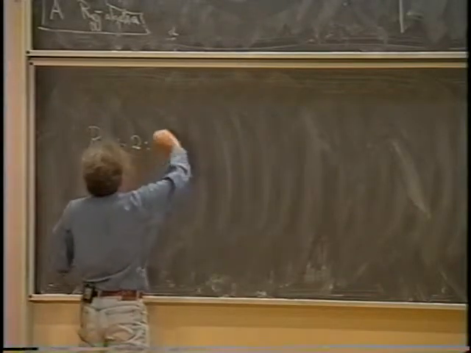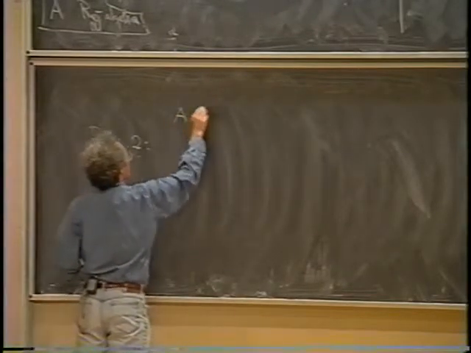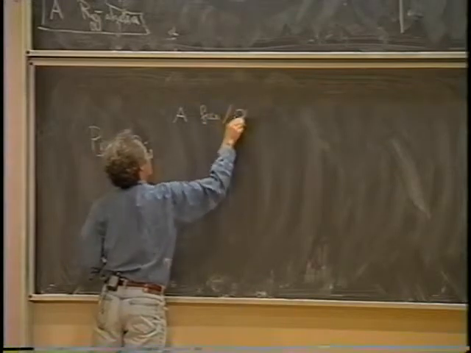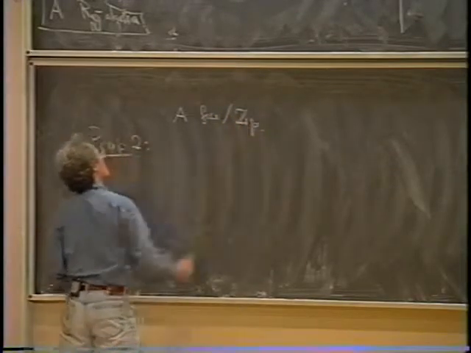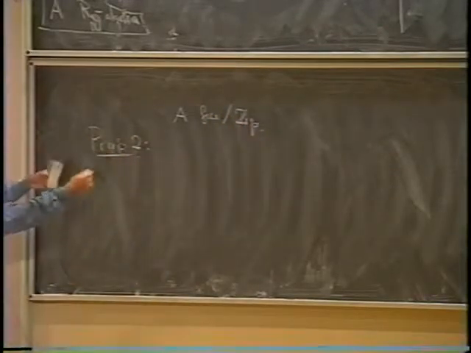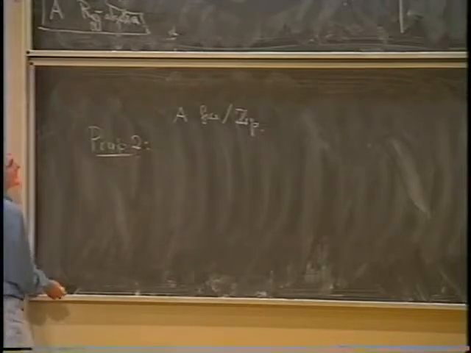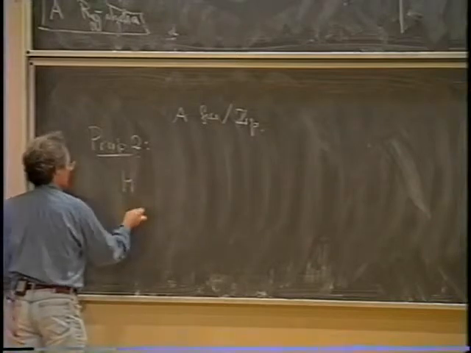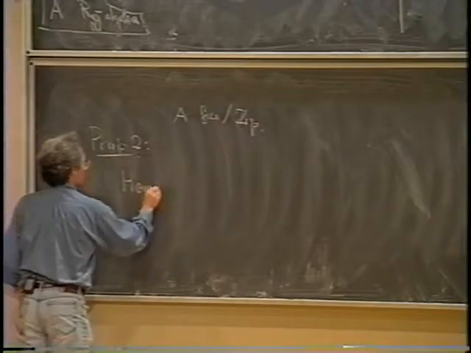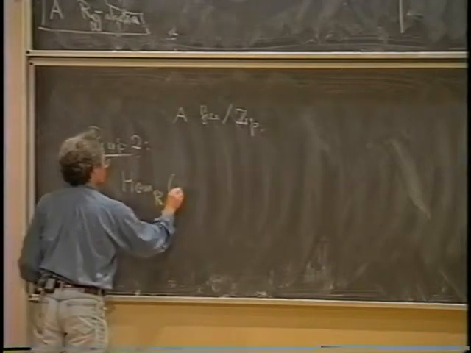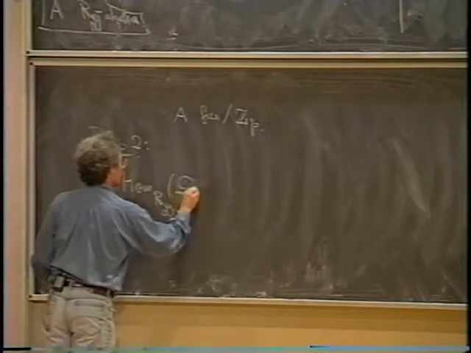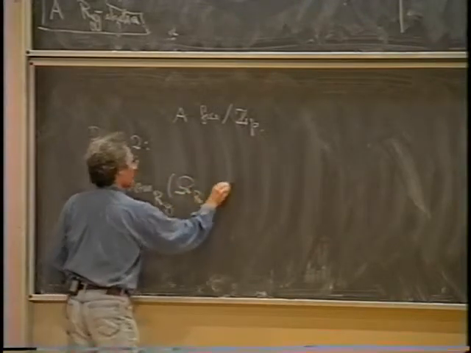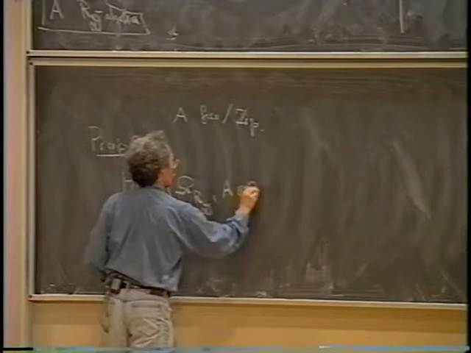under the hypothesis that A is free over Z_p, it's the same diagram except you replace everything by Q_p tensor Z_p. So Hom over R_D of Ω_{R_D} into A tensor Q_p/Z_p.